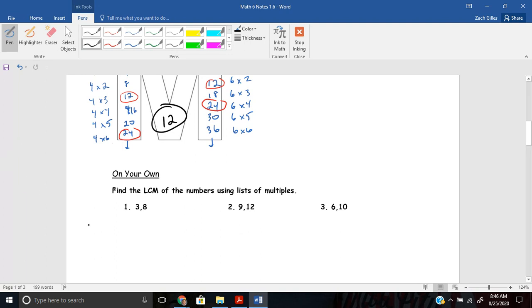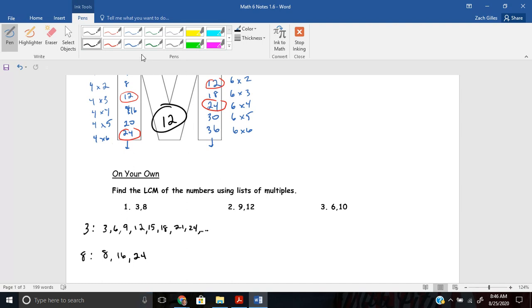So you can do it this way: the multiples of 3 and the multiples of 8. All right, 3, 6, 9, 12, 15, 18, 21, 24. I mean, you could keep going, right? And the multiples of 8 would be 8 times 1 is 8, 8 times 2 is 16, 8 times 3 is 24.